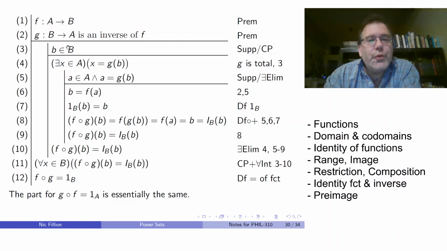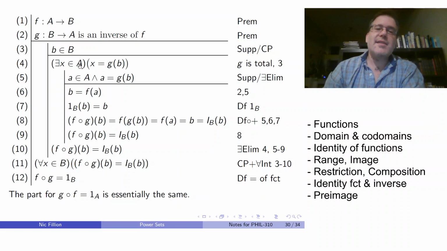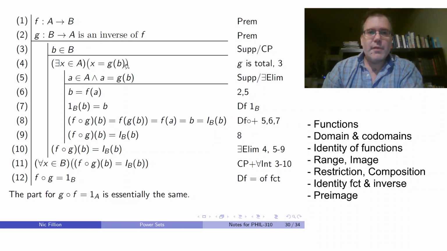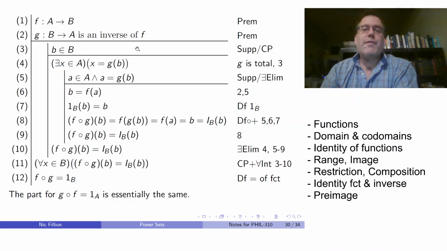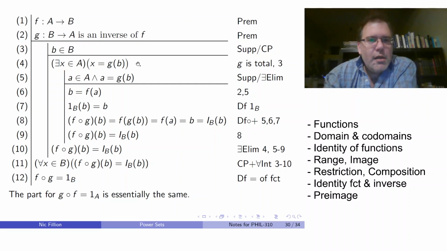So lines 2 and 3 together give us an existentially quantified sentence, namely that b is mapped onto some element of A using function G. So there exists an x in A such that x equals G of b. That follows from the fact that G is a function, namely satisfies the totality condition, and from the fact that b is an element of the domain of G. Now that's an existentially quantified sentence.